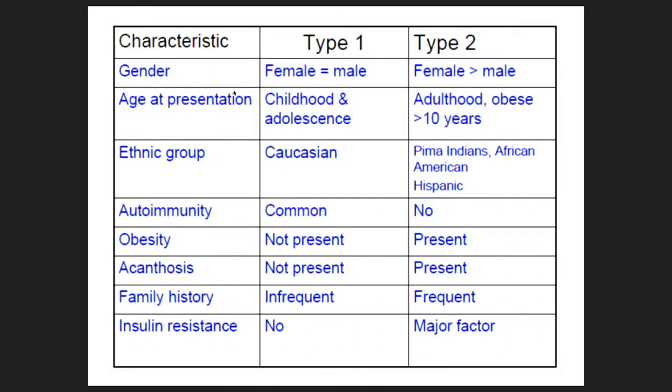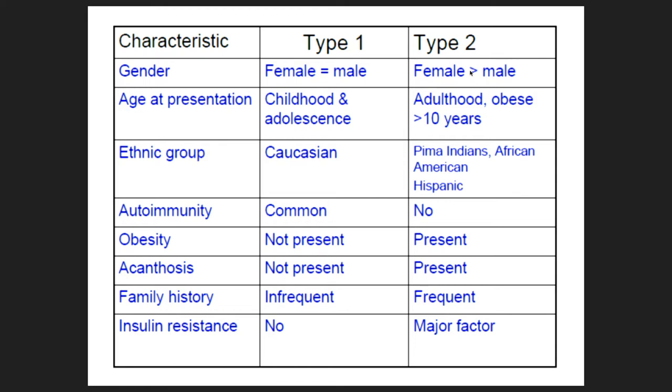When we come to see the 2 major types of diabetes worldwide, type 1 diabetes and type 2 diabetes. Gender: in type 1 diabetes, males equal females, while type 2 is more common in females than males. Why? Because the prevalence of obesity worldwide in females is more than males.